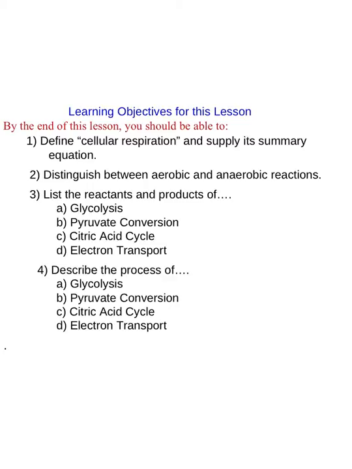Therefore, you should be able to list both the reactants and products of glycolysis, pyruvate conversion, citric acid cycle, and electron transport. In addition, you should be able to describe each of these processes. This is going to take some practice, so let's go ahead and get started.